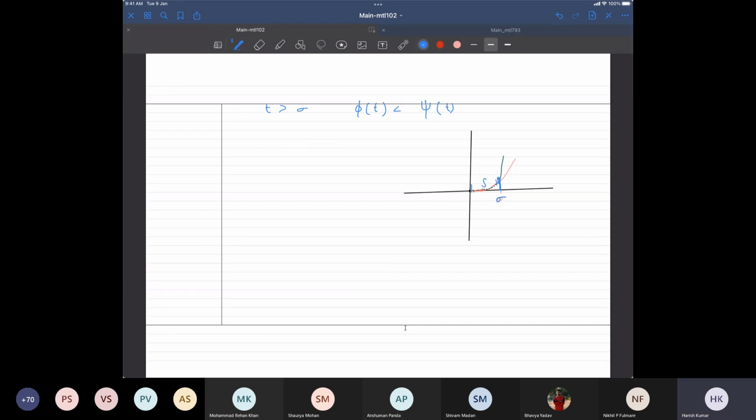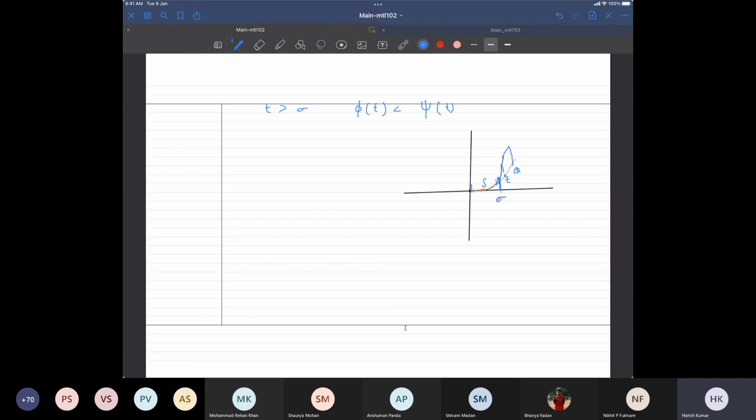This is the set S up to sigma, including sigma, and then I'm taking some t at this point. Of course, initially my theta was this, so I'm taking t above sigma but below theta.